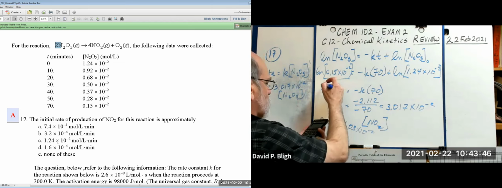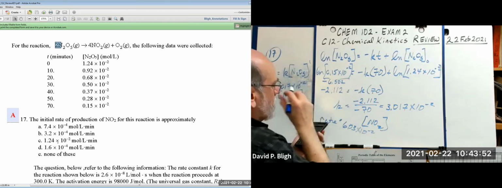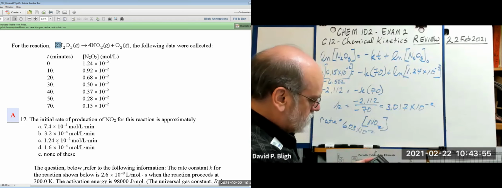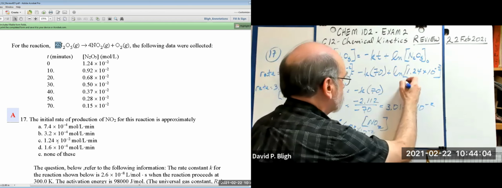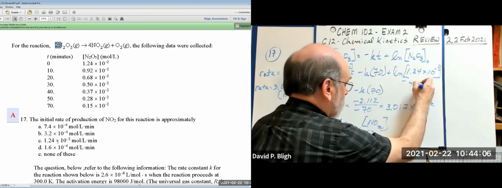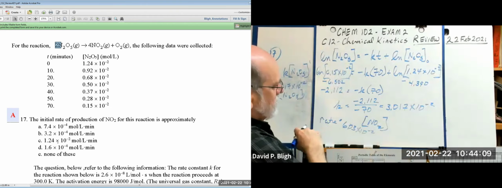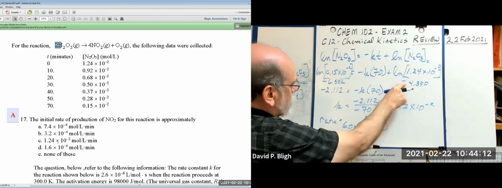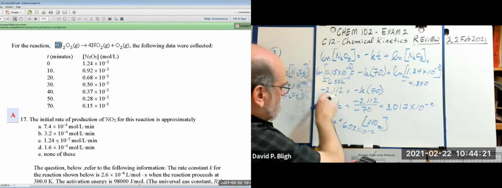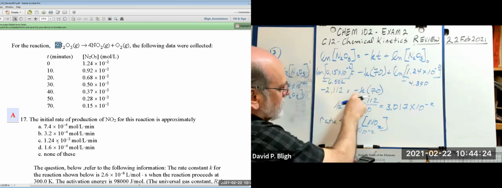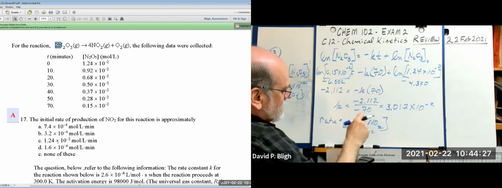The natural log of this one is minus 6.502, and the natural log of that one is minus 4.390. So now I want to keep this one on this side, and that one becomes a positive. Change sign. Minus 2.112. That's right. And this comes down here, minus K times 70.